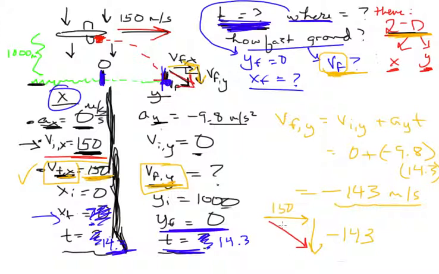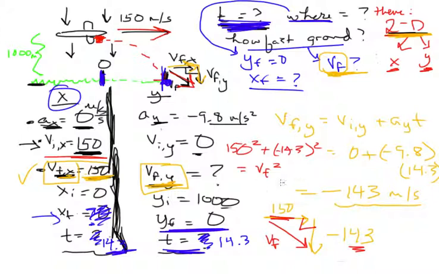To get this, you can just do the Pythagorean theorem. This is v final as a two-dimensional vector, not x or y. This is v final x, v final y, and to get v final, you just say 150 squared plus negative 143 squared equals v final squared. So Pythagorean theorem, right? A squared plus b squared equals c squared.